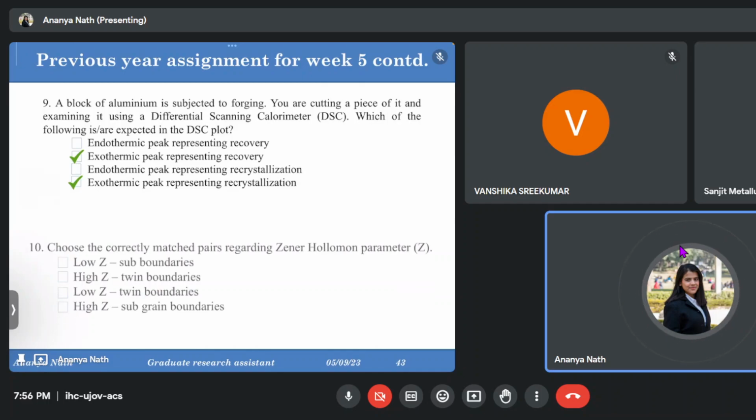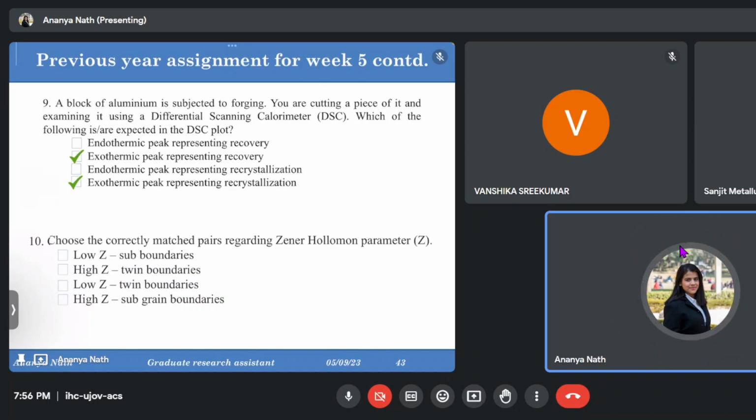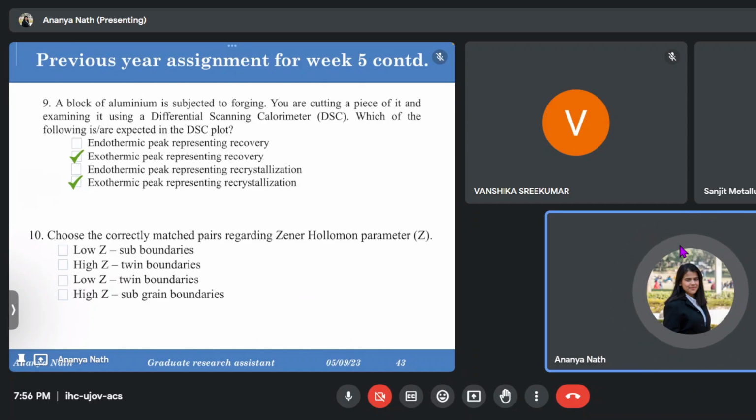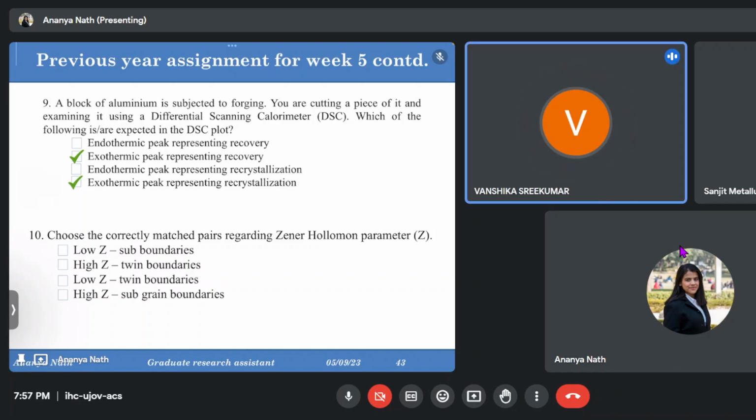It's up to that. Okay, there is one more question. Choose the correctly matched pairs regarding the Zener-Hollomon parameter. It's easy. High Z is twin boundaries and low Z is subgrain boundary.